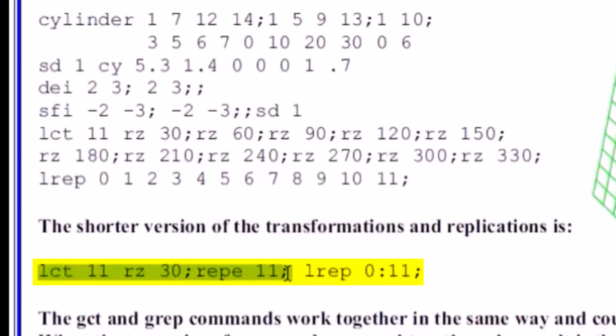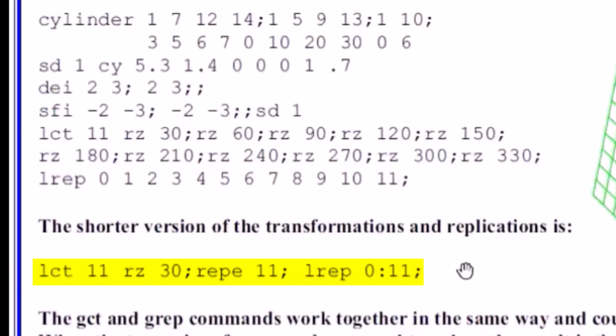This creates all 11 non-trivial transformations. And then we use the local replication and list the transformations. And remember, we can do a sequence with a colon. So when we use 0:11, that means 0, 1, 2, 3, all the way. It's equivalent to this right here. So that's what we want to supply with the LCT command and the LREP.